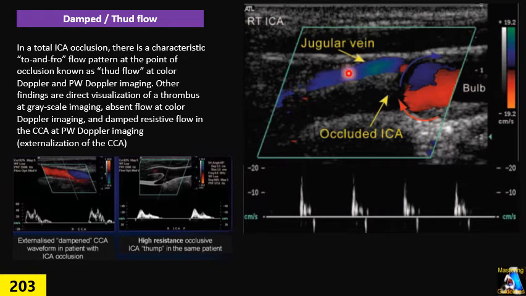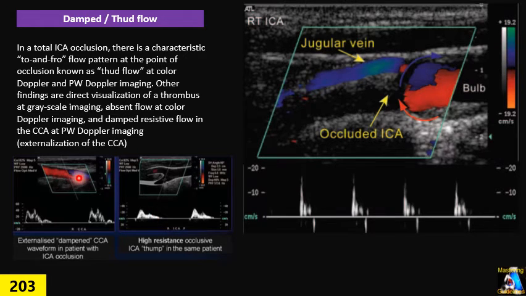If in these cases we do Doppler proximal to the blockage at the ICA, we can see a dampening of the Doppler, characterized by low velocity and no antegrade blood flow at the diastole. So dampening represents a high resistance pattern.